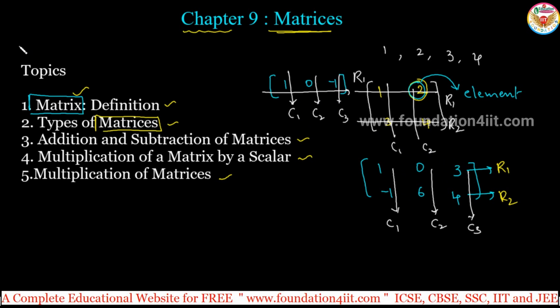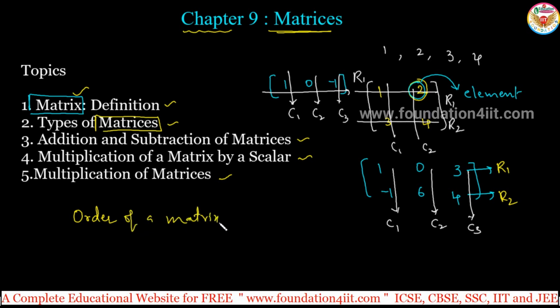Just remember that. Now let us see the order of the matrix. What is the order of a matrix? It is nothing but the number of rows and the number of columns. Always use the rows first. In this example, there are two rows and three columns.